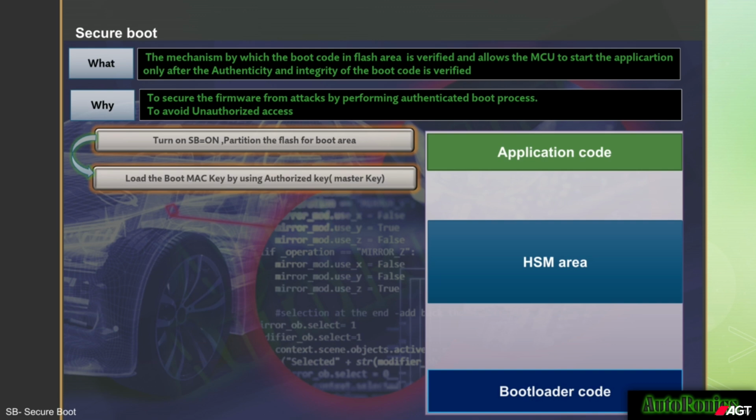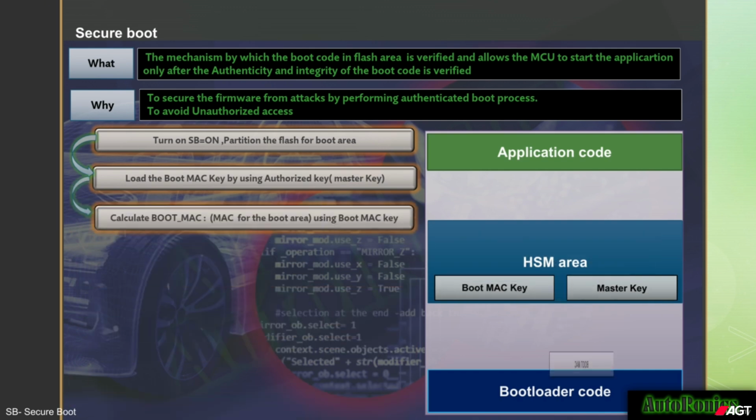Now we'll load the boot MAC key using the authorized master key. The MAC which is calculated for the bootloader code is called the boot MAC, which is calculated with the help of the boot MAC key.